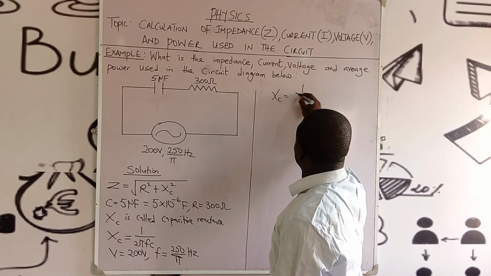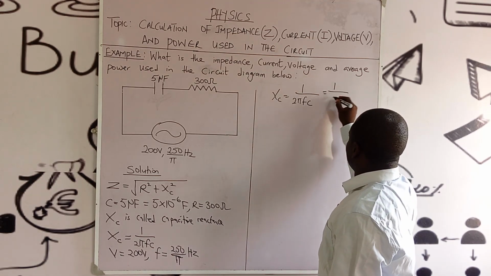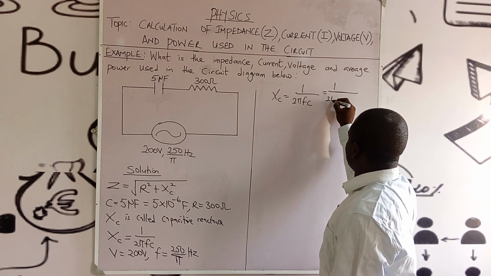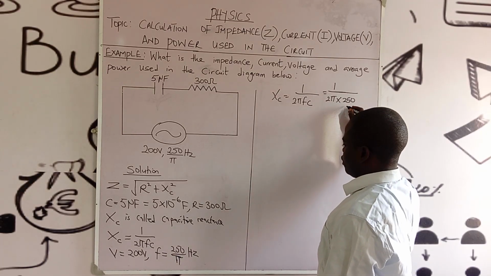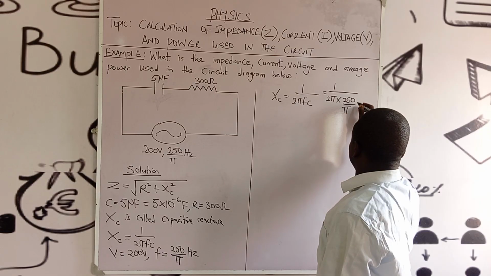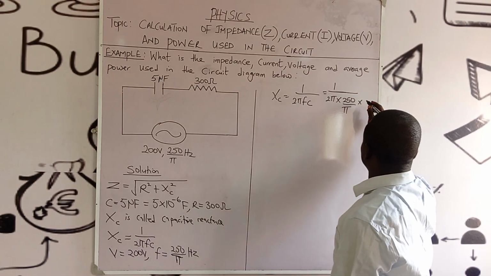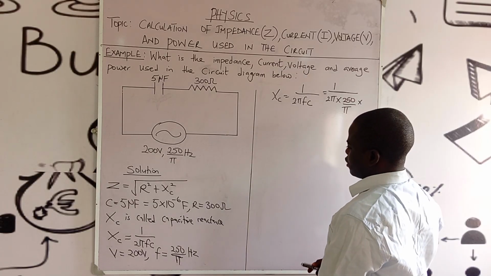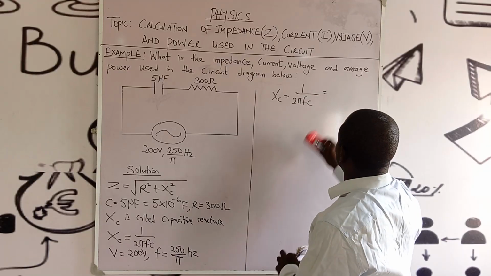XC now equals 1 over 2 pi FC, which is equal to 1 over 2 pi times what's our frequency? 250 over pi. What is the capacitor? Capacitor is 5 times 10 to the power minus 6. Let me repeat it here so that you can occupy the space.